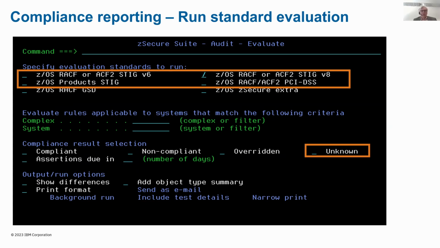Used to just have compliant, non-compliant, overridden. There's now also an unknown option to only zoom into the things that are unknown yet and probably need assertions. You could also have used assertions due in a number of days, but unknown gives you possibly slightly more and is easier to type.